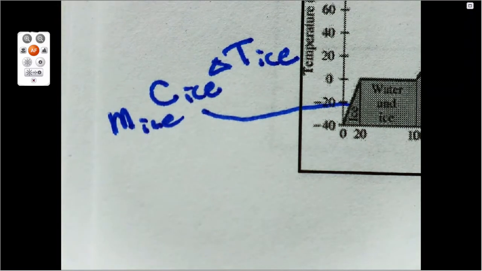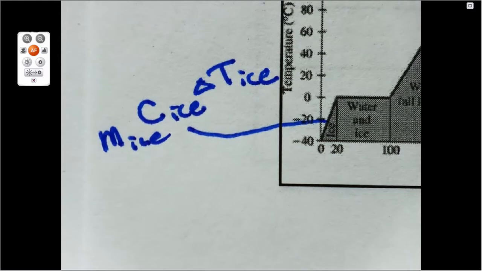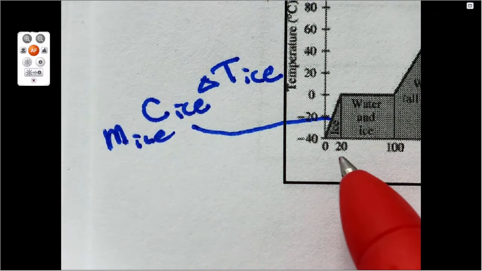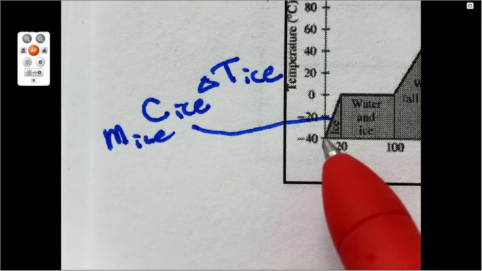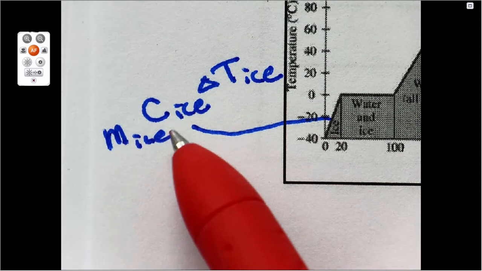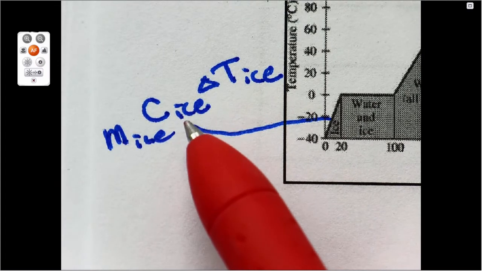And what is the change in temperature of the ice going to be? What temperature is ice going to melt? In Celsius, 0. So this change in temperature is going to be 40, right?